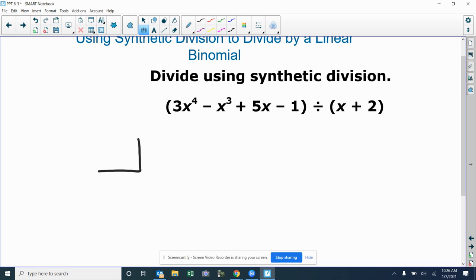Half box is what? 2. Not 2, but negative 2. Now be careful, we're going to need some zeros here, don't we? It's in standard form, but we're missing which term? We're missing the x squared term.